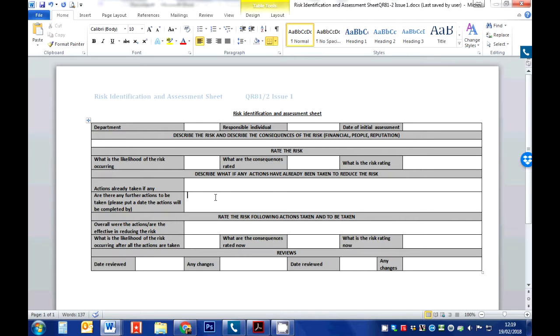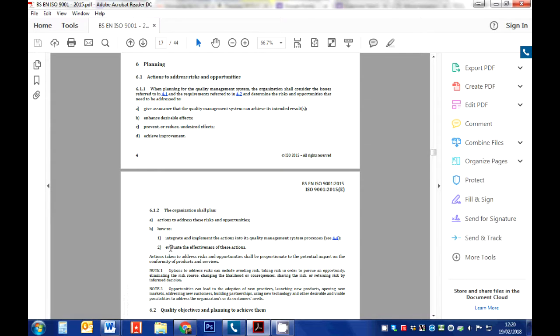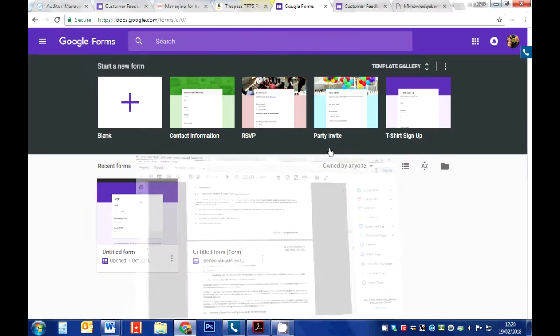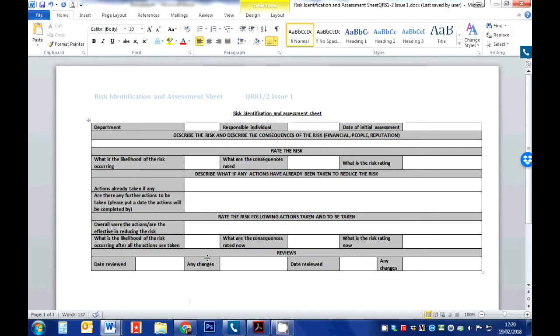Then it's important to review the actions. So the clause specifically mentions the evaluation of the effectiveness of those actions. So again, this form allows you to do that, because if you put in place the information required in this box, it then asks you to assess these actions that have taken place.